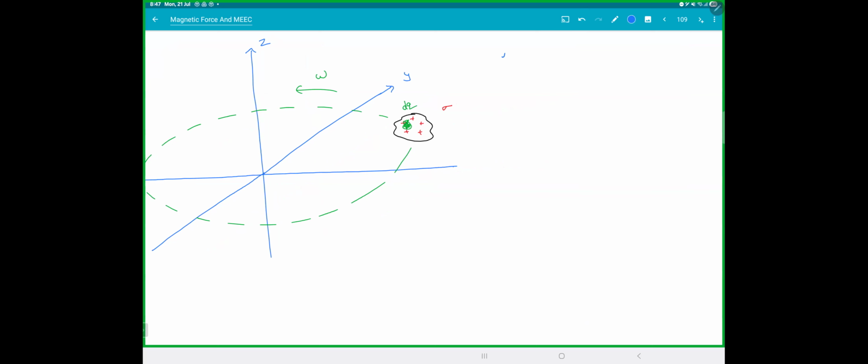The current due to dq will be charge, which is dq, by time, which is 2 pi by omega. This small current will produce a magnetic field, which is going in a circle, mu naught I by 2 small r. I don't know r, I don't know dq.